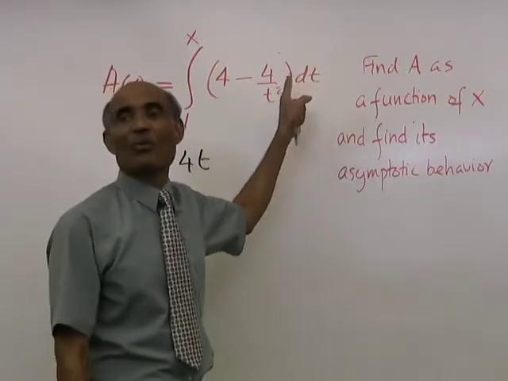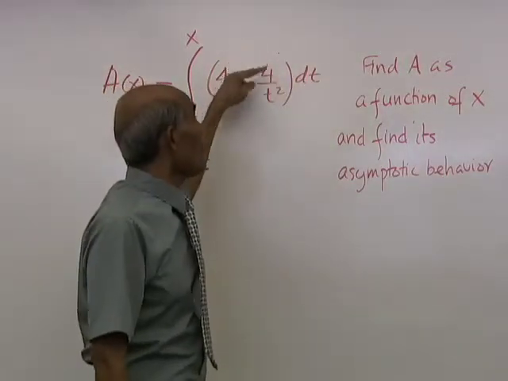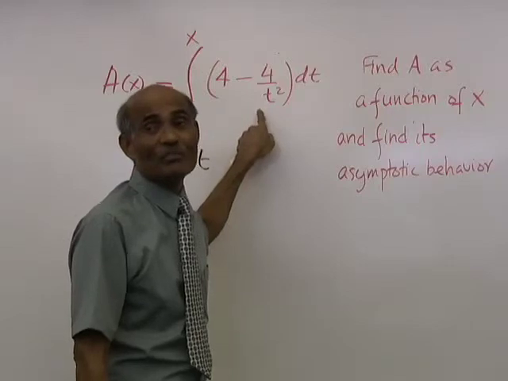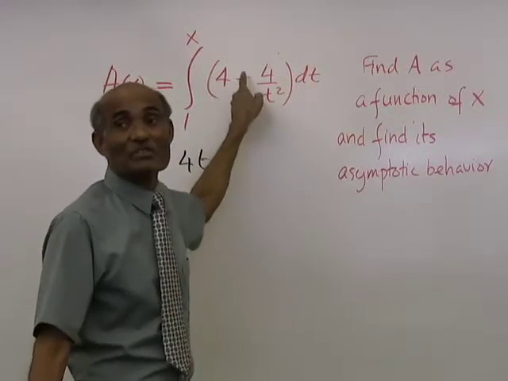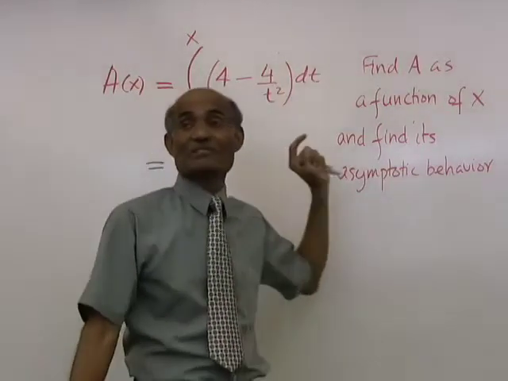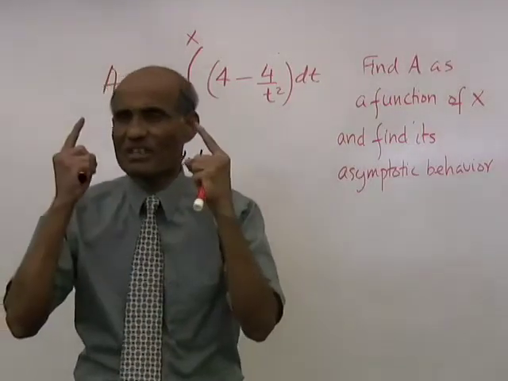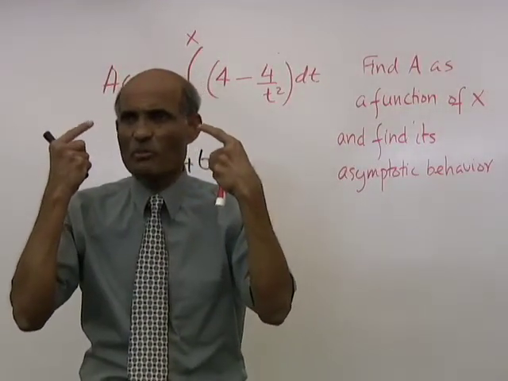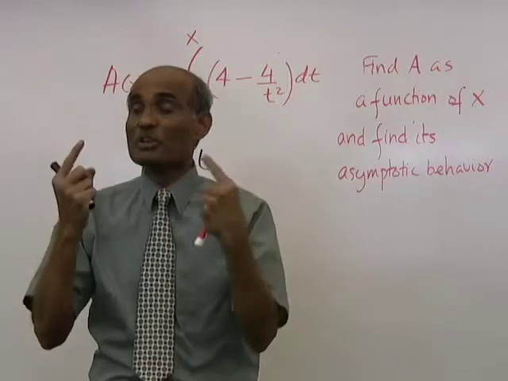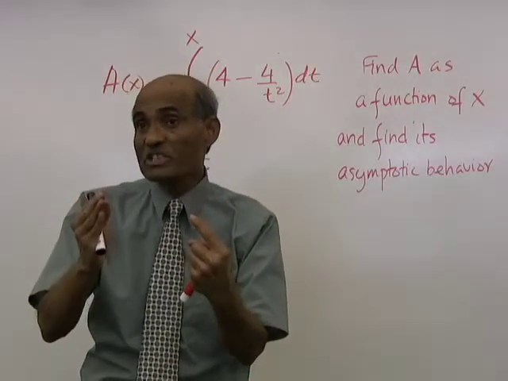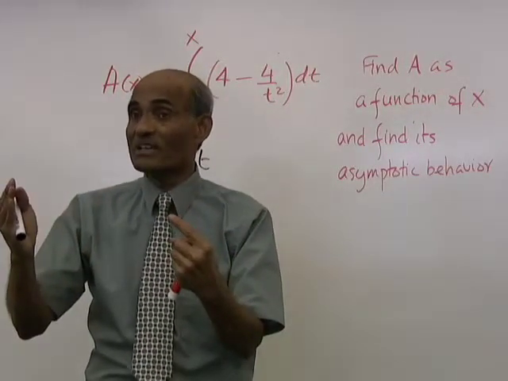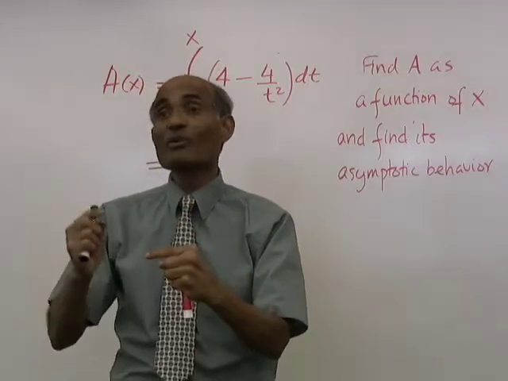Can you tell me what will be the integral of 4 over t squared? 4 is a constant. It is 4 times 1 over t squared. I'm going to repeat that one more time. Now, when you do calculus, you've got to keep your mind active. The derivative of 1 over t with respect to t is negative 1 over t squared.